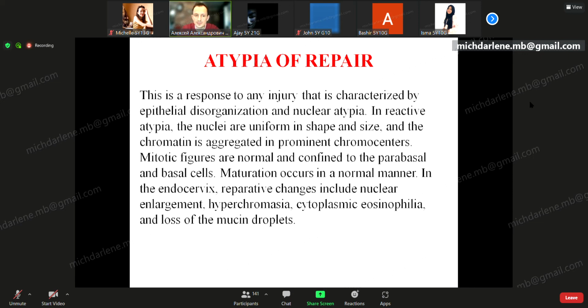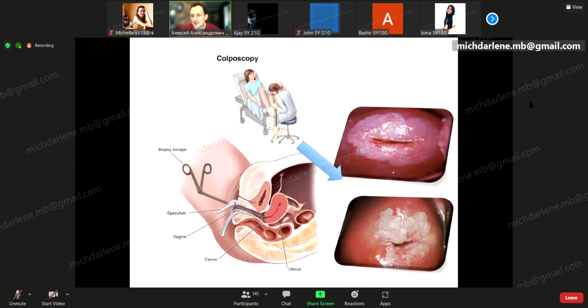That atypia could be reactive, like the result of the inflammatory process, just a place without explanation. But that atypia has specific structure inside. It looks like white epithelium at the surface of the cervix, and that atypia should be treated anyway.